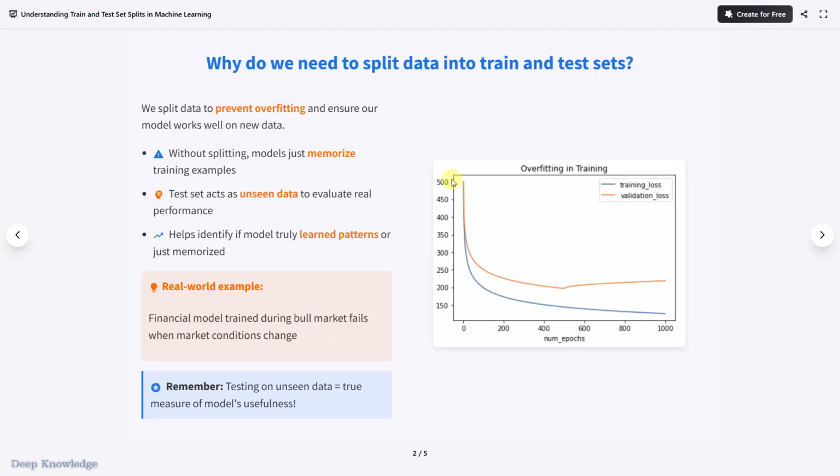Now, why do we need to split data into train and test data? Imagine someone who is great at memorizing, but can't solve any new problems. They can solve a specific problem, but if someone changes it a little bit, adding some variables, they will not be able to solve it.